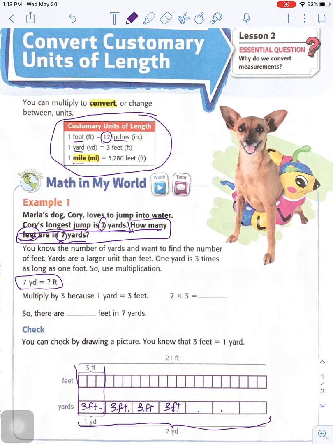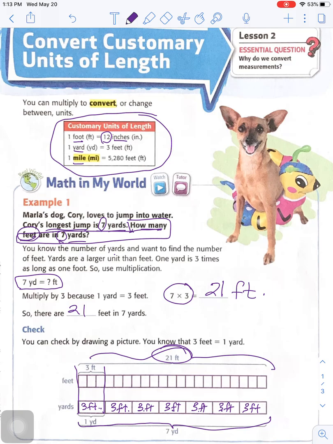Okay, so it's like 3 times 7. And so if I know that I'm going 7 yards, and there's 3 in every yard, then I'm just going to go 7 times 3, and that equals 21 feet. So that means there would be 21 feet, which it shows up here, in that 7 yards. So there are 21 feet in 7 yards.